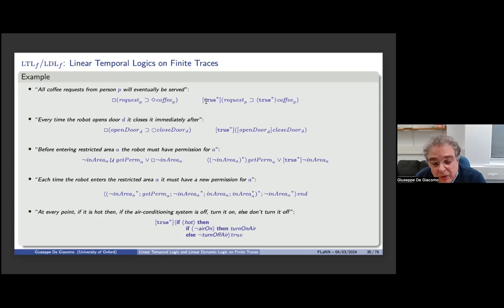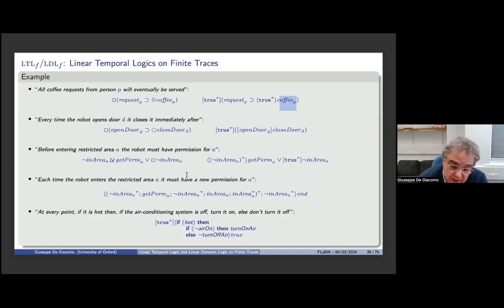So every position you reach by executing true arbitrarily many times, if there you find that request P is true, then there exists a position that is reachable by a sequence of true finite, where the coffee is served.